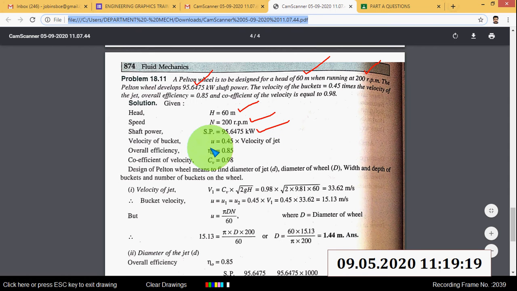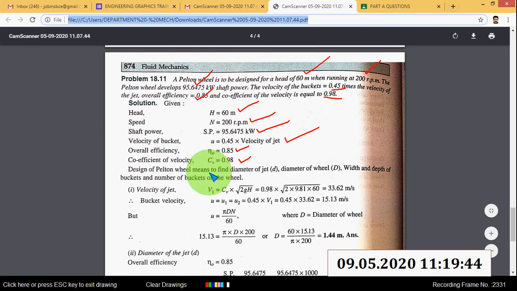Then velocity of the bucket is equal to 0.45 times the velocity of the jet. We have to write the relation. Then the overall efficiency is 0.85, and coefficient of velocity is Cv, that is 0.98.